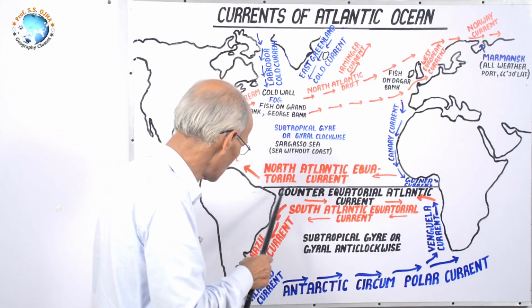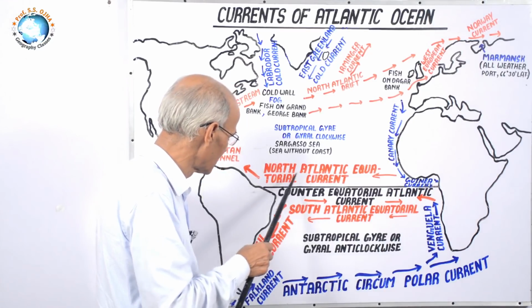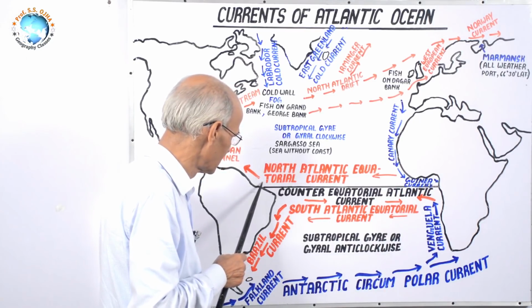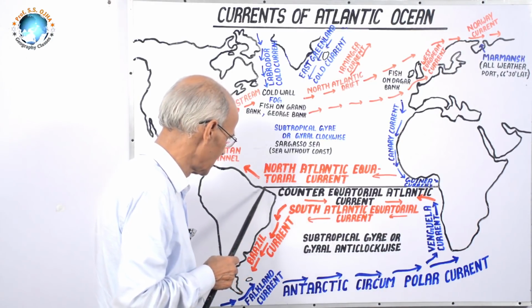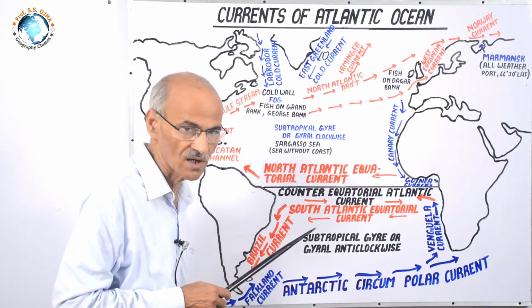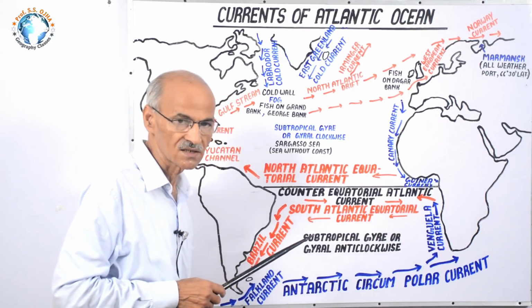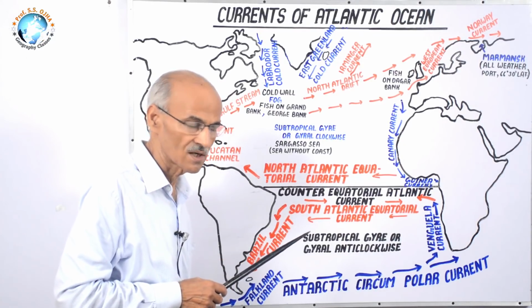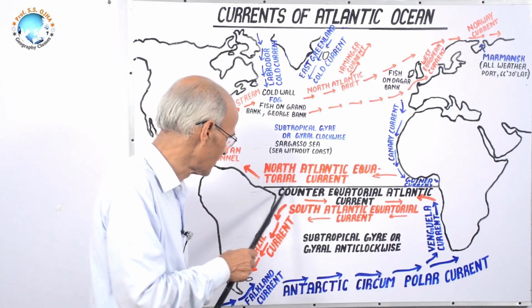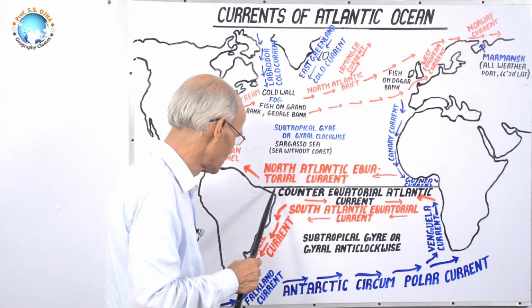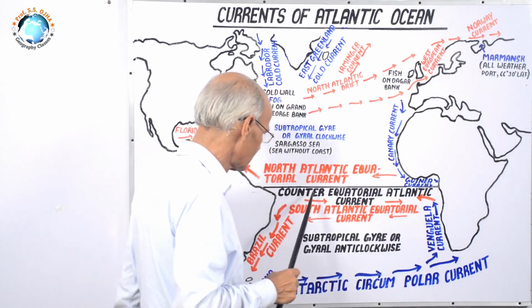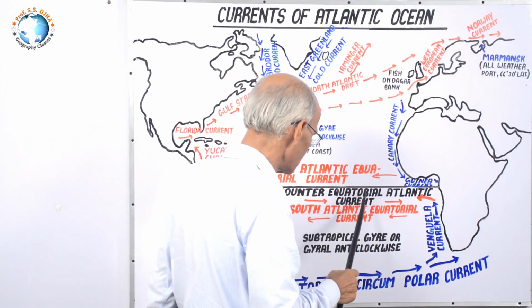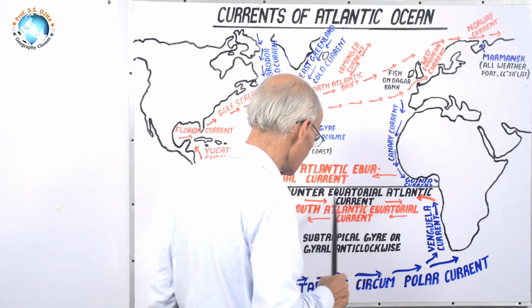Now, after the collision of the North Atlantic Equatorial Current and the South Atlantic Equatorial Current along the east coast of Brazil, there is excessive water, some part of which turns back and moves from west to east parallel to the equator, which is called the counter equatorial Atlantic current.